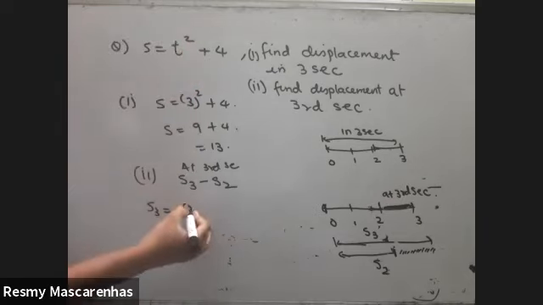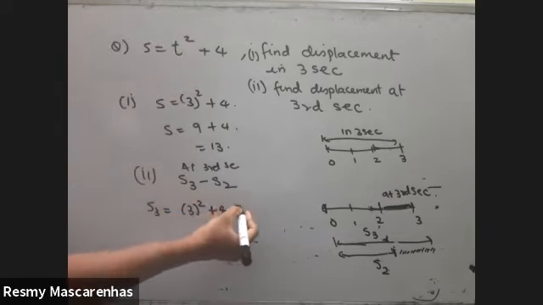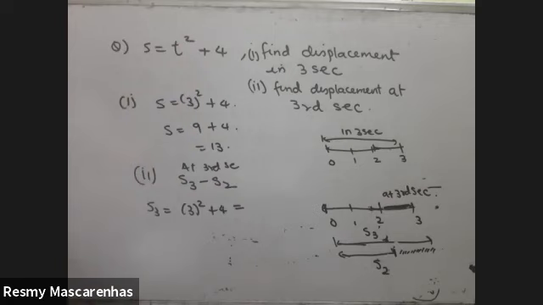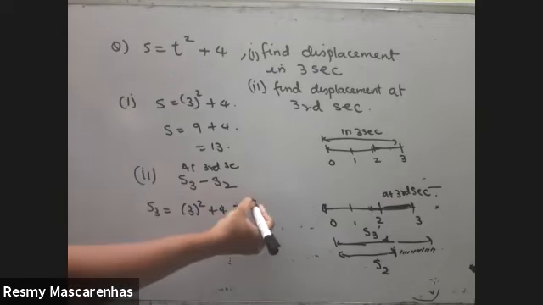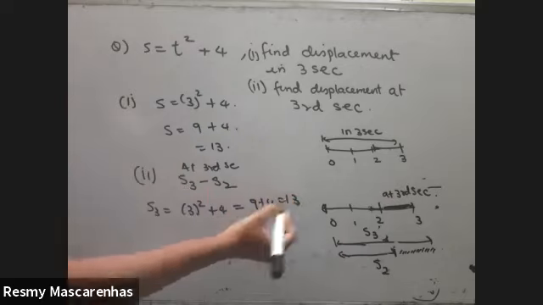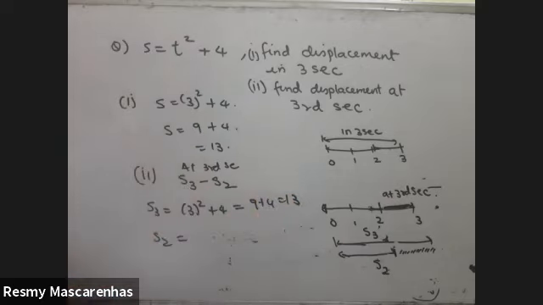Put value of t as 3. So definitely you are getting 9 plus 4, that is 13. Then calculate S2. So wherever there is t, put it as 2.